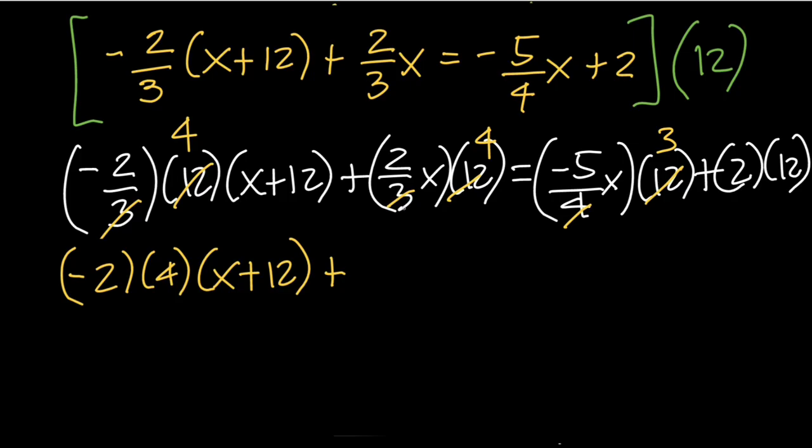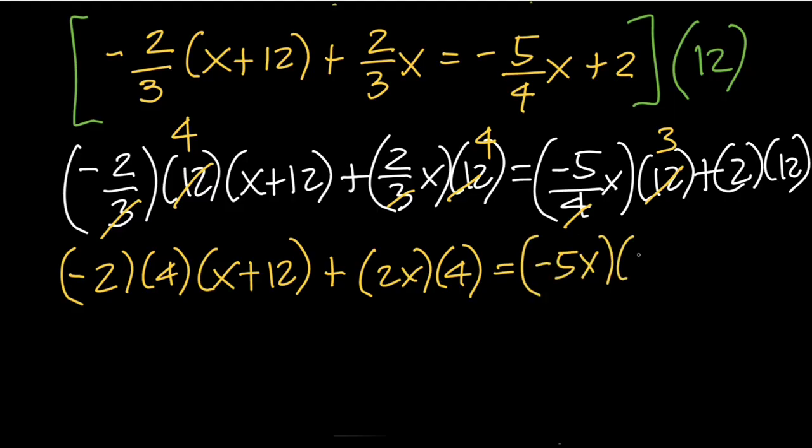And then 12 divided by 3 is 4. So we're left with 2x times 4. We will do it later. We just have to copy it. Yes, we have to multiply. Not yet. And then here, 12 divided by 4 is 3.